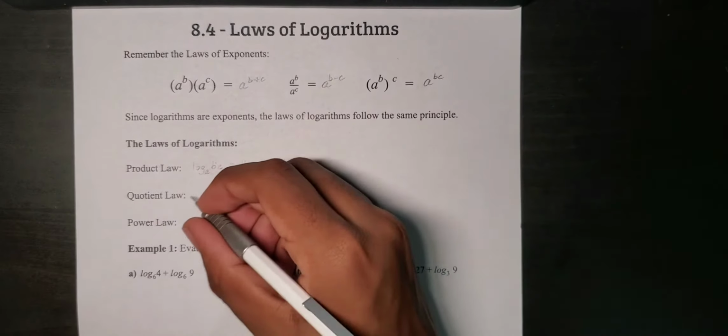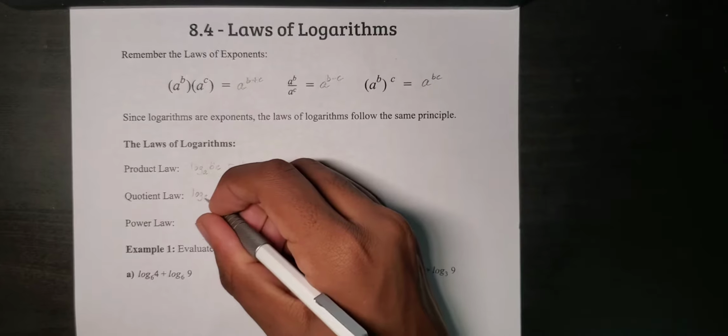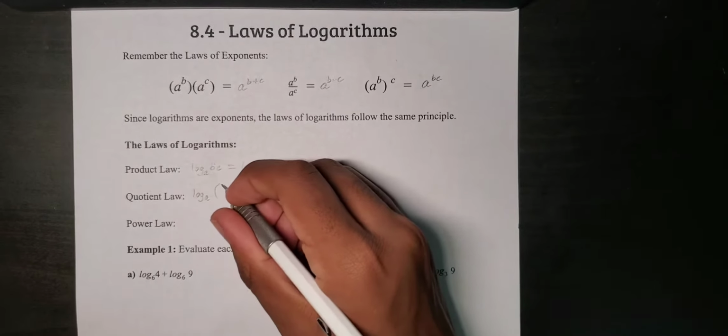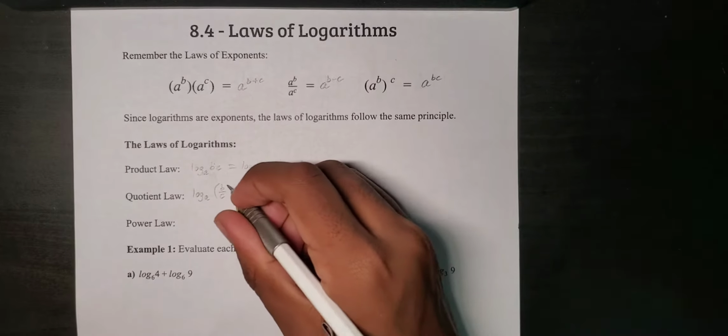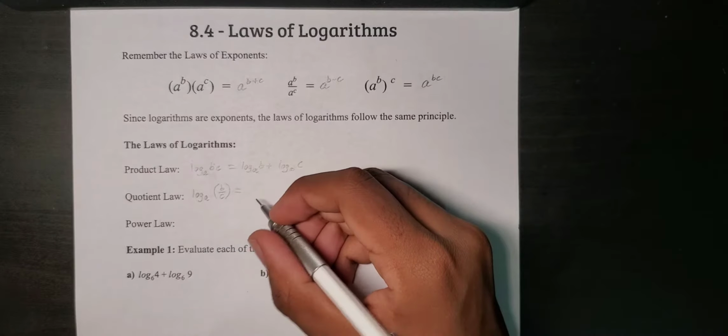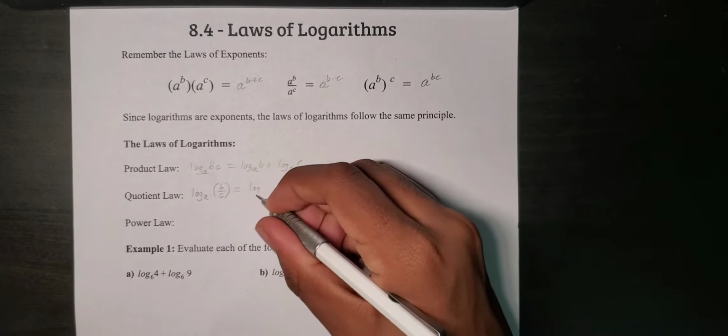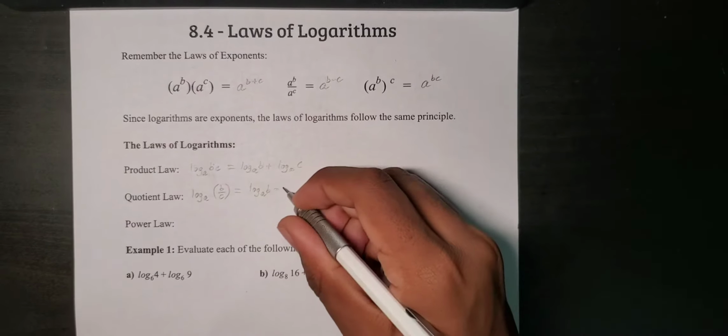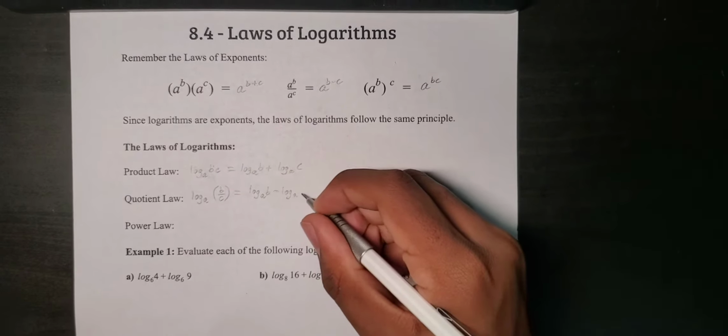The same thing with the quotient. The log of b divided by c is equivalent to the log of b minus the log of c.